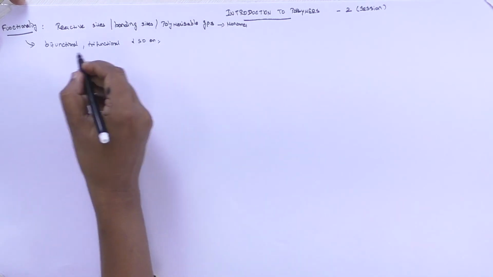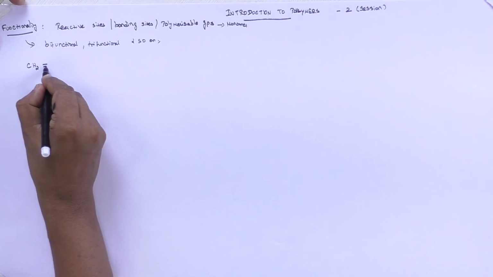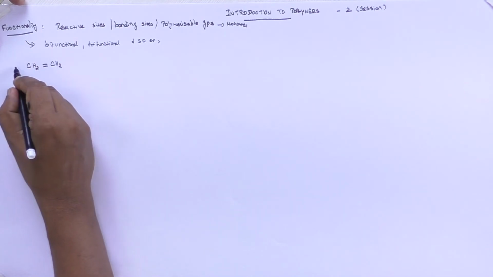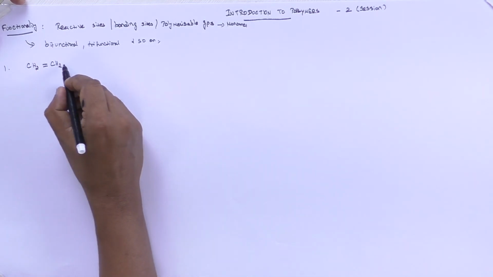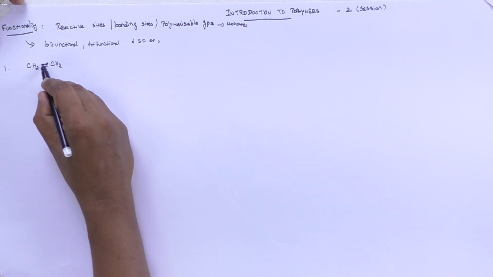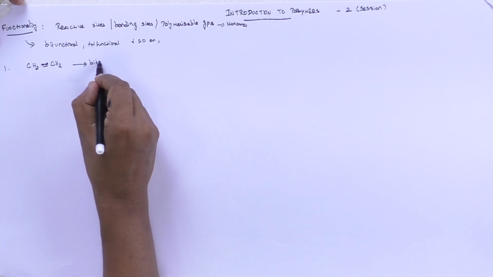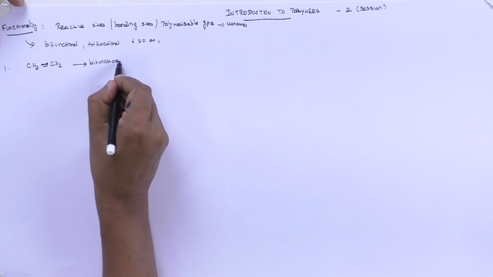Let us see with these examples. Let us take the monomer ethylene, CH2 double bond CH2. The first example is ethylene, and it is bifunctional in nature because it has a double bond and there is distribution of electrons here. Therefore, it is bifunctional in nature.